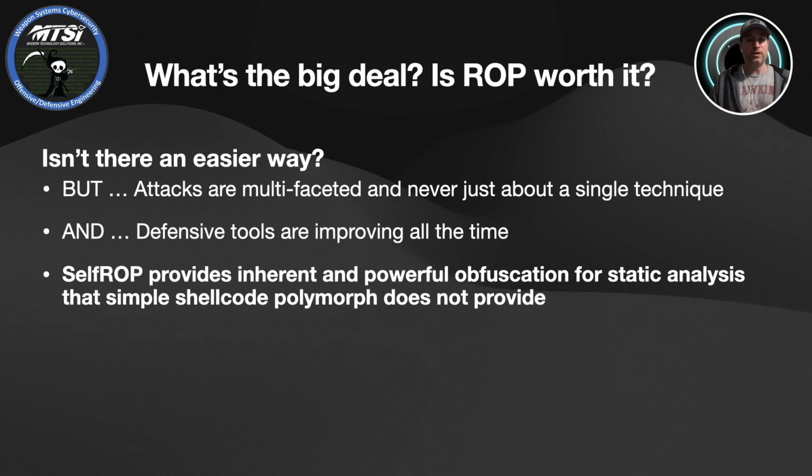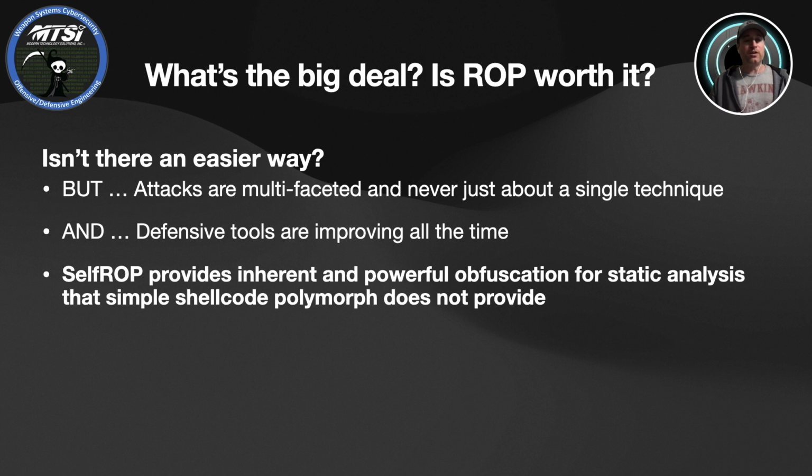And I hope you saw that in the demo, especially when we looked at the source code of the program, that you can dress it up to make it look extremely benign. Unless you do a lot of low-level reverse engineering to understand the program or a bunch of dynamic analysis, you're not going to really see that it's going to overflow itself and run a hidden ROP gadget chain.